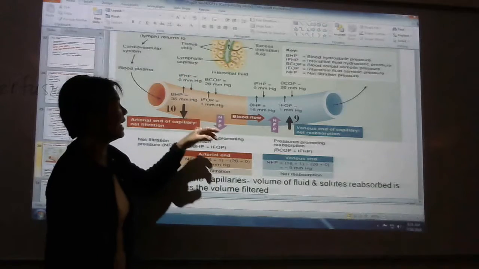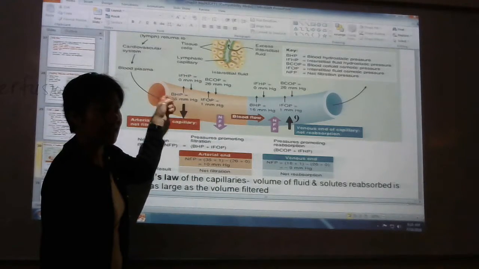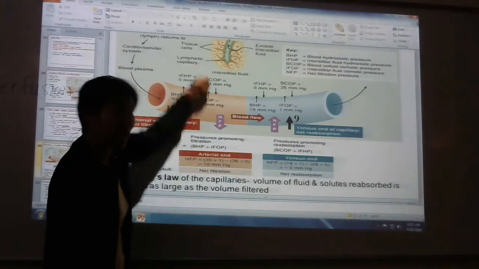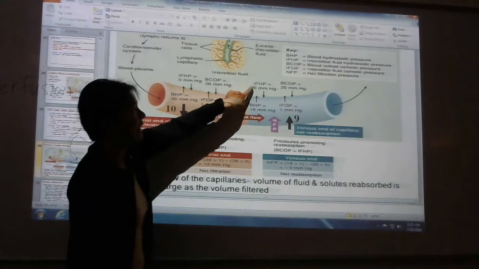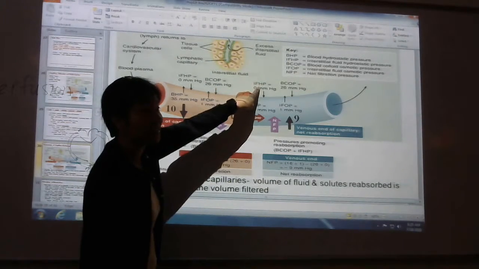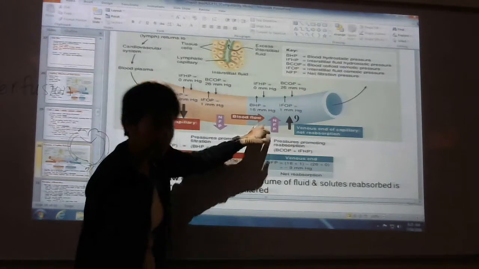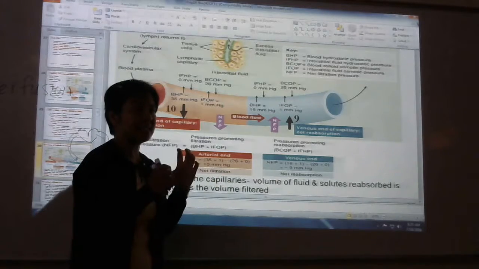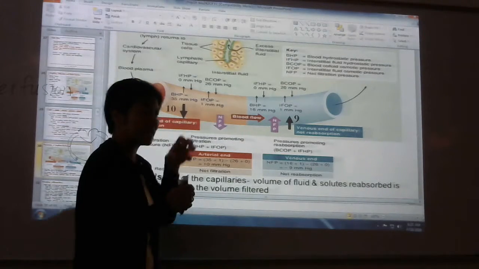So when I say blood hydrostatic pressure, this is pushing the fluid out of the blood vessel. When I say interstitial fluid hydrostatic pressure, that means from here pushing there. So hydrostatic, wherever it originates, it's pushing it out. Osmotic is sucking it back in.